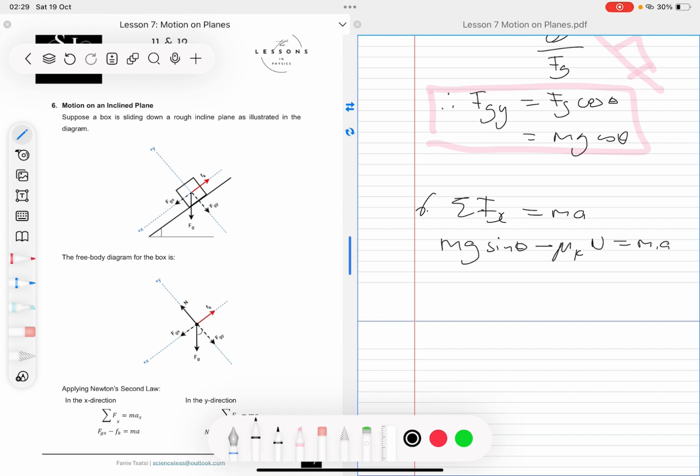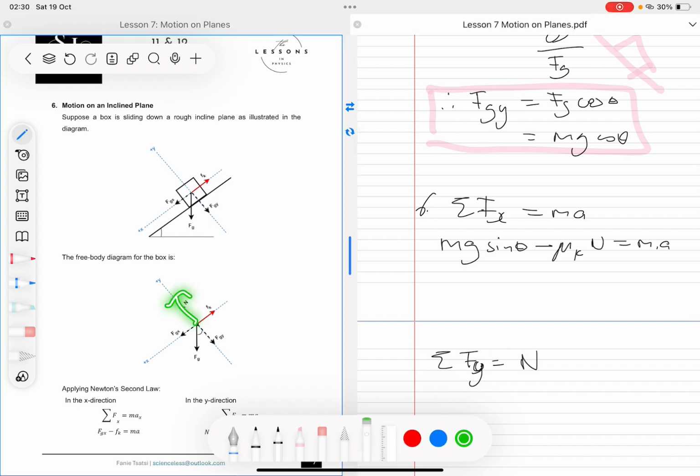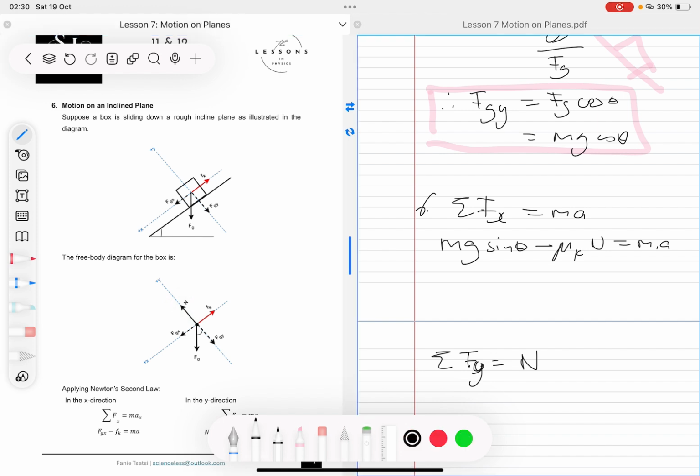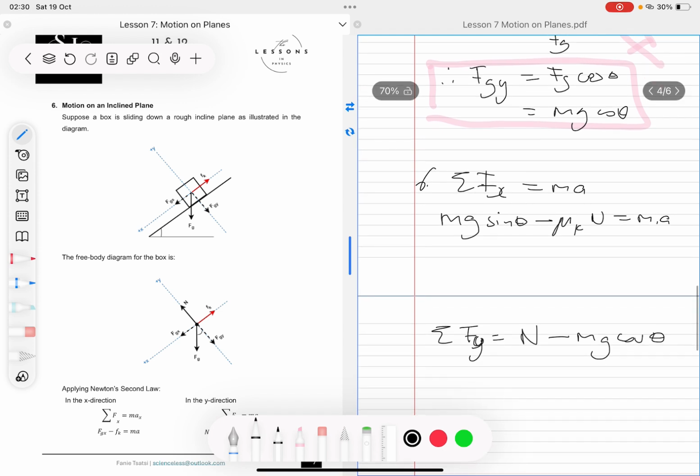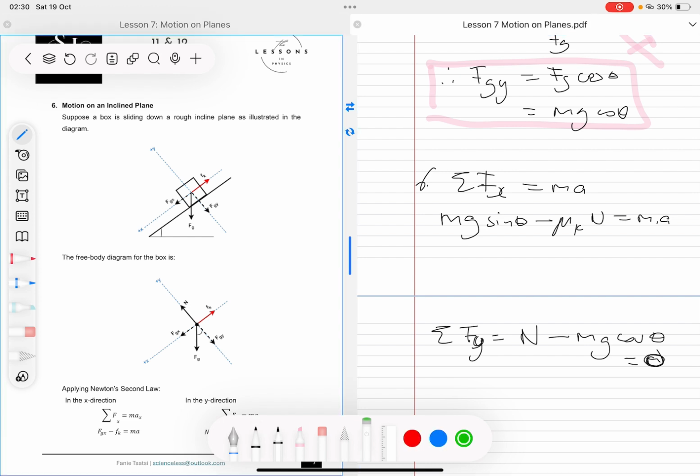Now, if we were to look at the y component, we'll have the normal force, which goes in the positive direction. It goes up like that, and then we subtract from the normal force mg cos of theta, right? And this equals 0, because this object on the incline does not move in this direction. There is no acceleration in this direction. The acceleration is 0 meters per second squared.